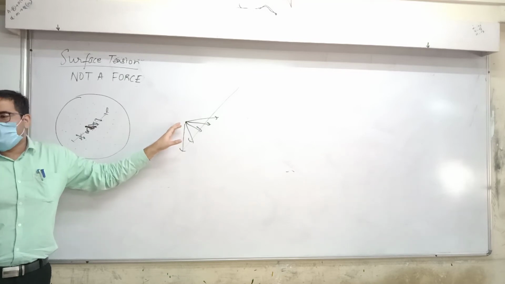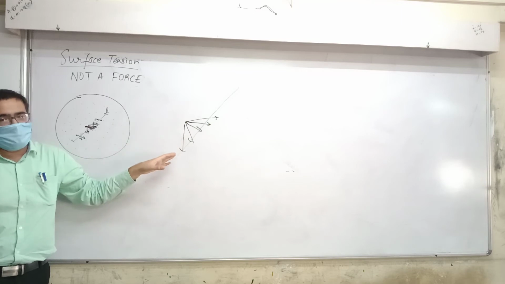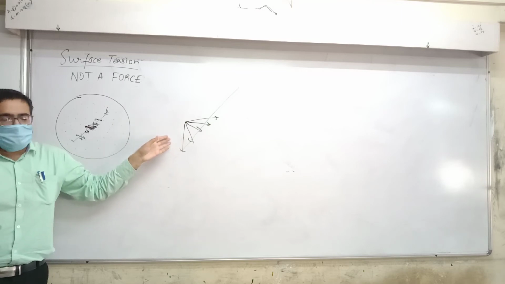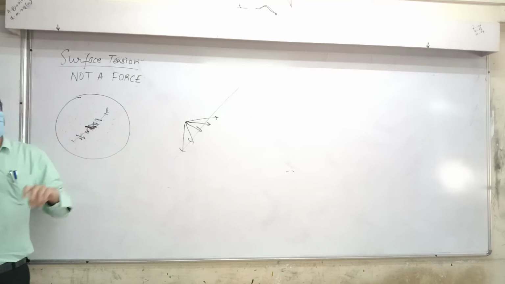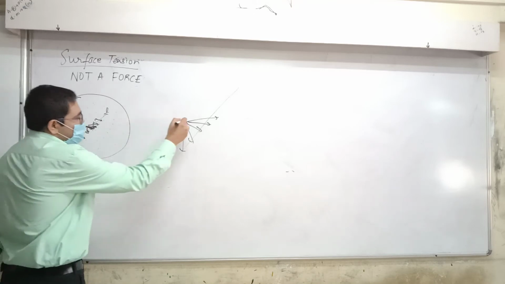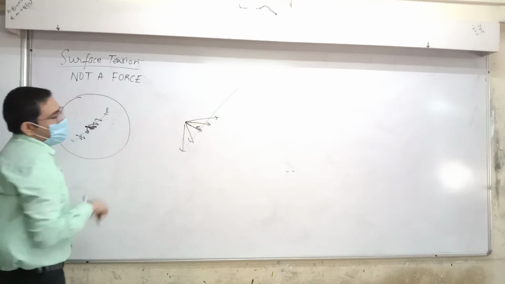Okay. Now, if you have got all these forces, what is the direction of the resultant force? Yes, it would be perpendicular to the line. I hope that makes sense.